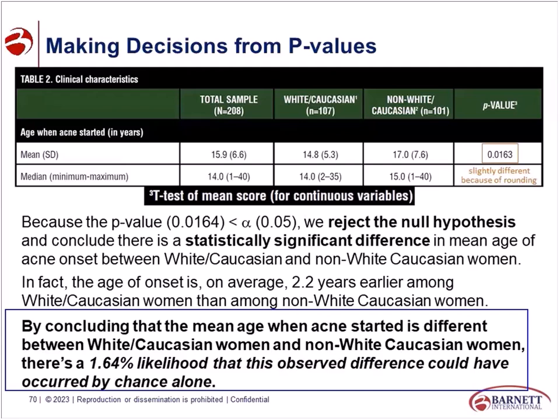Okay? So please do remember that you convert the decimal to a percentage, and now you're speaking something that is much more meaningful than this threshold for reasonable doubt, which is less than 0.05 or greater than 0.05. Now you can actually interpret this in terms of a likelihood of a chance occurrence. So if it's less than 5%, we say it's real. If it's greater than 5%, we can't rule out chance.